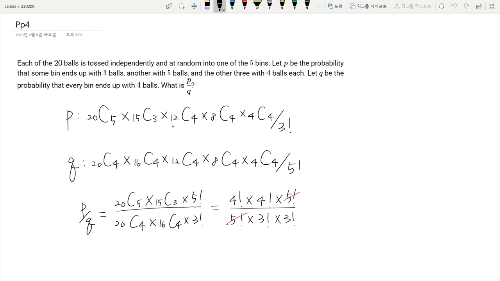And these 4 factorials make this 4 factorial, and this 4 factorial goes up because that's reciprocal. So if we simplify this expression, only 4s remain at the top. So the answer is 16.